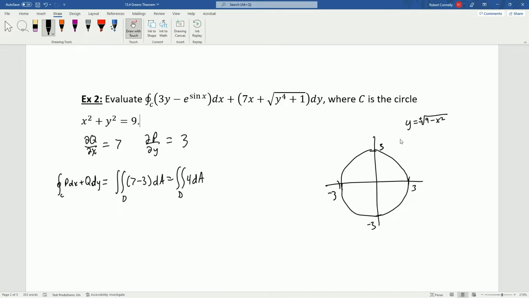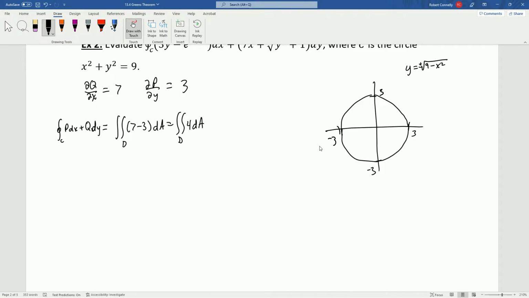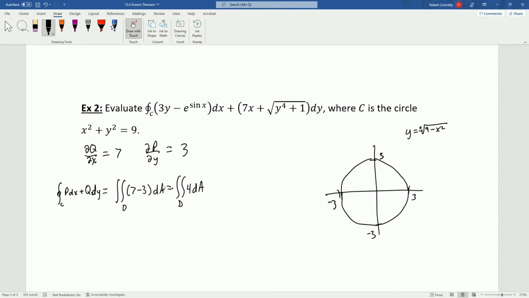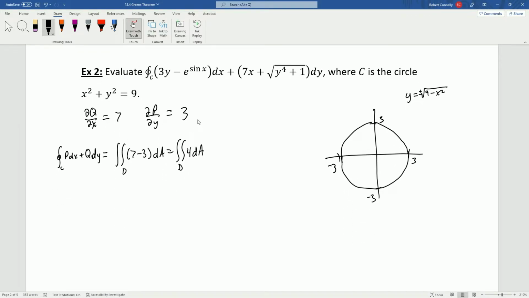Then when we go to integrate, we're left with something that has to be integrated with trig substitution. That would probably be a little bit messy and complicated. But we can realize that not only can we apply Green's theorem, but we can also change this to a double integral in polar coordinates. And that's going to really make things easier.